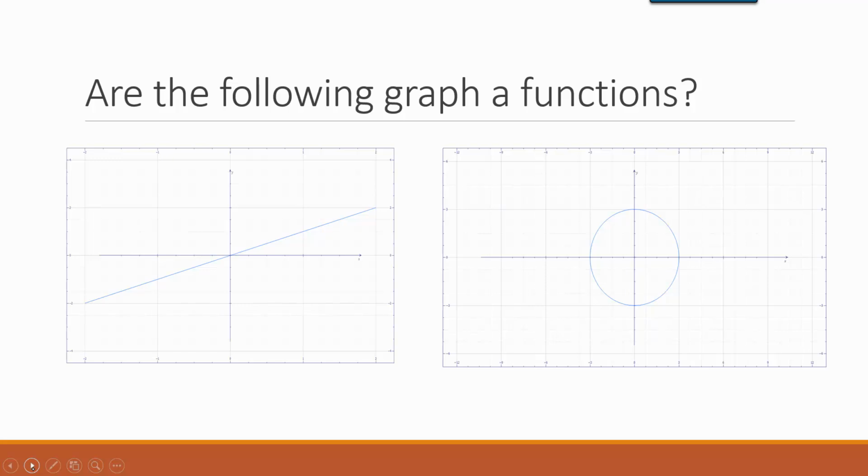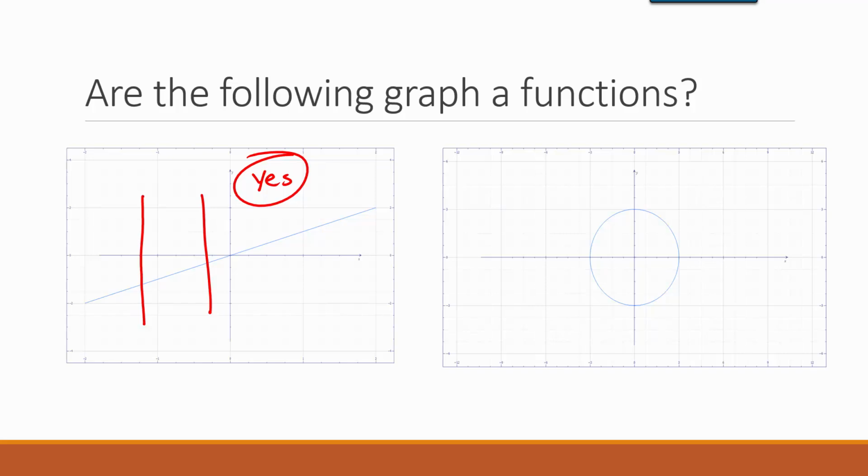Okay, so let's look at these two graphs here. I have a straight line, diagonal line here, and I have a circle. Well, it does not matter where I draw a vertical line through this diagonal line. It will only touch one point at any given time. So yes, this is a function.